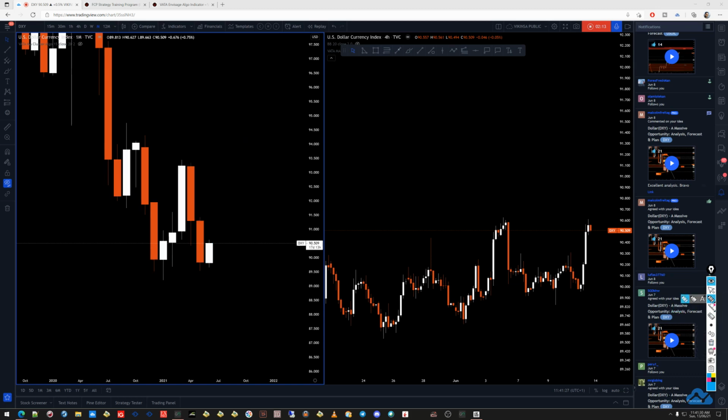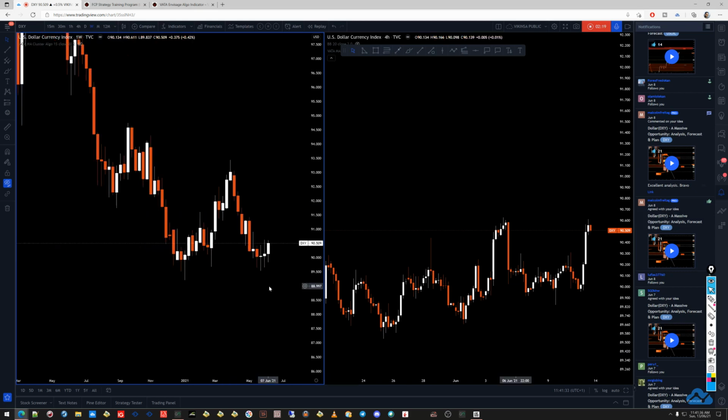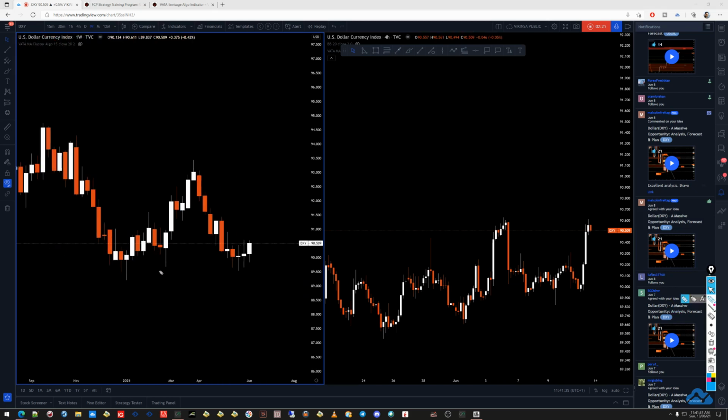However, if I go to the weekly time frame, I can also see that the market has created an M pattern. So if you see, the market has created an M pattern, and when an M pattern completes, the market goes up. Very simple analysis. This is telling me that dollar is bullish. All I have to do is just look at this, right?